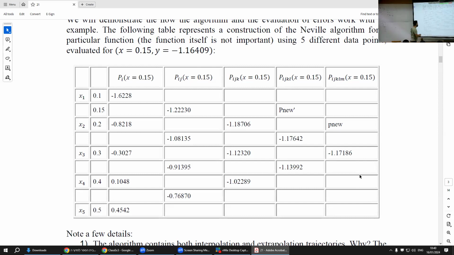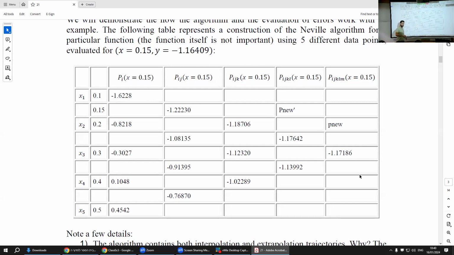Let's see what goes when we use x1 and x2. That's the answer. And when we use x3 combined with them, that's the answer. And x4 and x5. You see that this difference is 0.4, for example. This difference is 0.04, and this difference is 0.001, and this difference is 0.005.